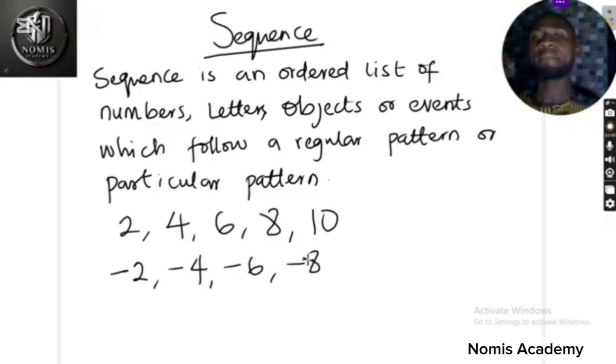There are many types of sequence in mathematics, but for the sake of this level of students we are teaching here, we will deal with arithmetic sequence. You can otherwise call it arithmetic progression, which many of us know as AP.